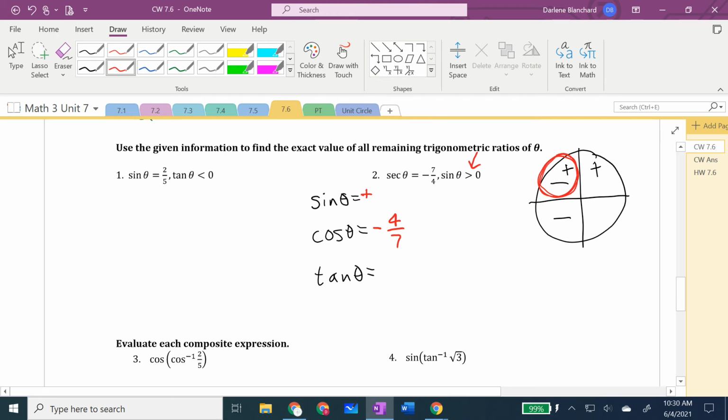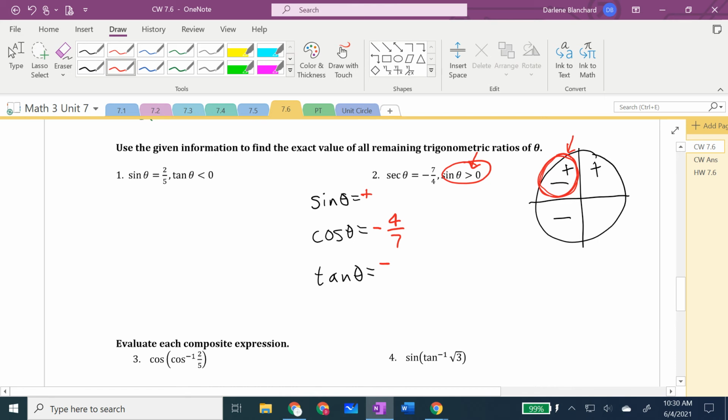Then additionally, I need to realize that tangent, if sine is positive and cosine is negative, then tangent is negative. And you don't even have to sit here and identify the quadrant you're in. You could just simply say, if tangent is sine divided by cosine, and I know that sine is positive and cosine is negative, then tangent has to be negative.